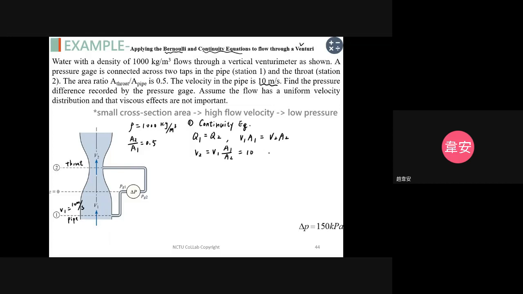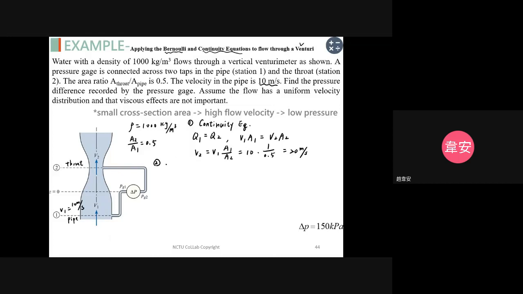V1 is 10 meters per second, and the ratio A1 to A2 is 1 over 0.5, so the answer for the V2 flow velocity is 20 meters per second.